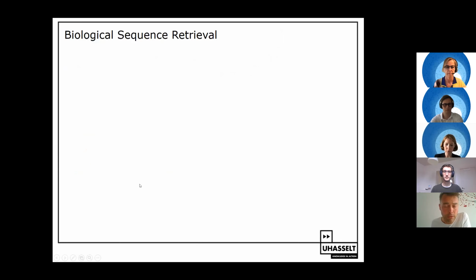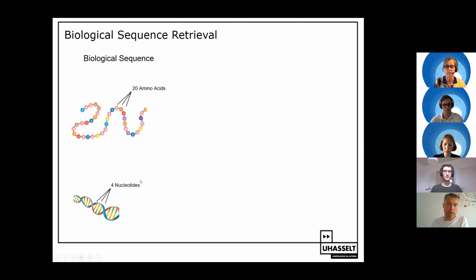Okay, so an important problem in bioinformatics and computational biology is the following. Let's say I have a biological sequence, and it can be any type of sequence. It can be DNA, RNA, or a polypeptide chain composed of 20 amino acids. And you want to know a little bit more about that unknown sequence that you have.